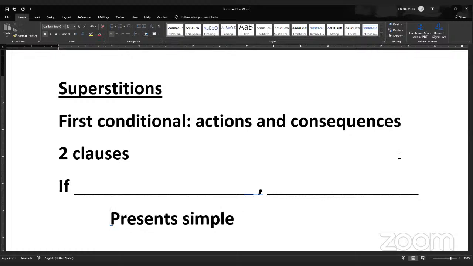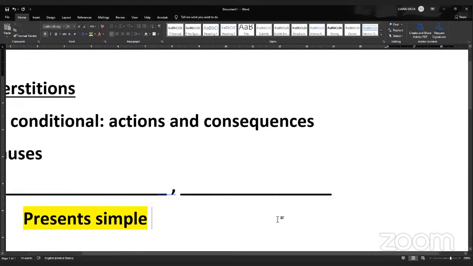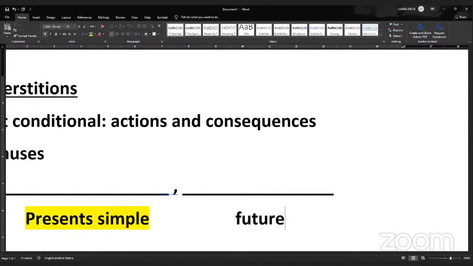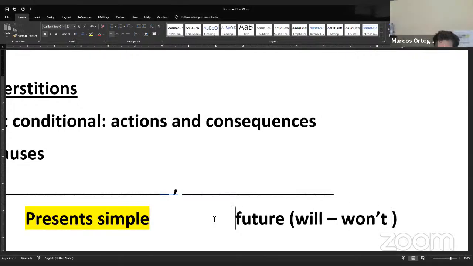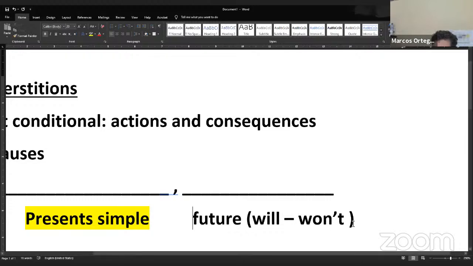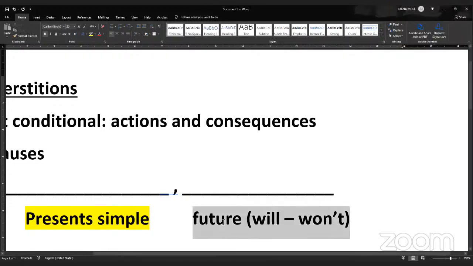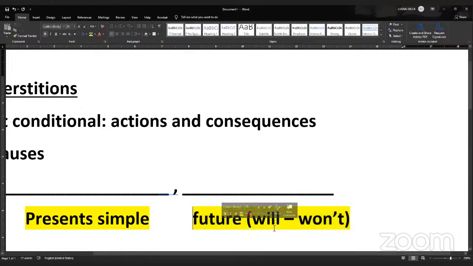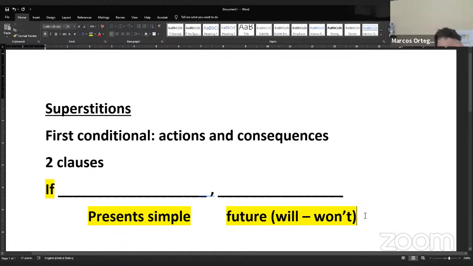The clause with the word if, the conditional clause, is in the present simple tense. The second one, will. Future. In other words, the modals will or won't. If you see a black cat, then you will die. Exactly. But you told me you don't believe in superstition. It's an example.